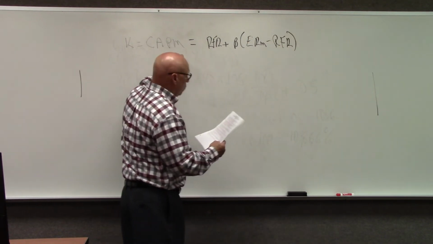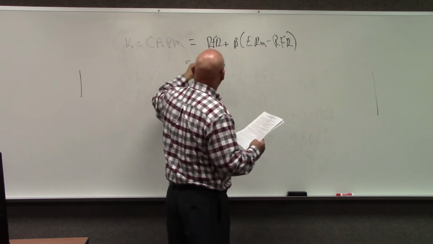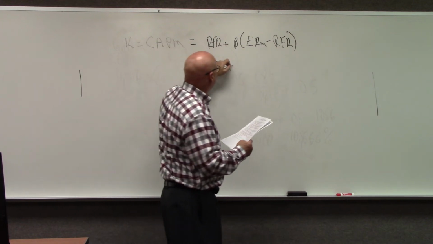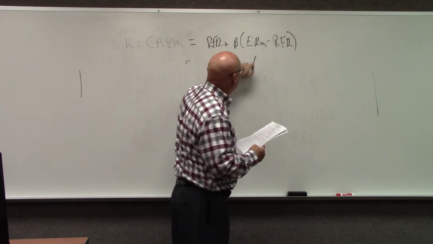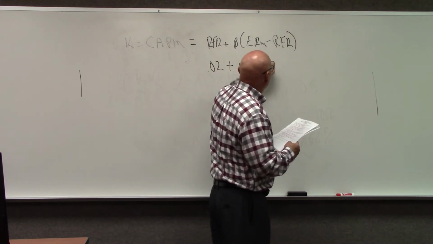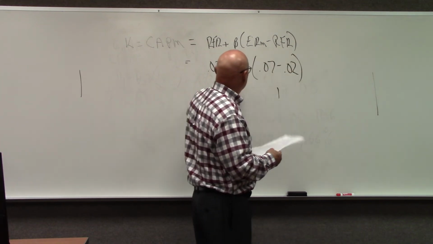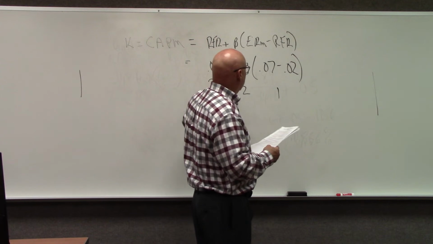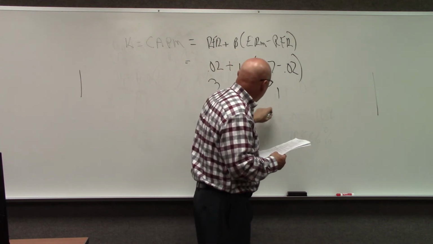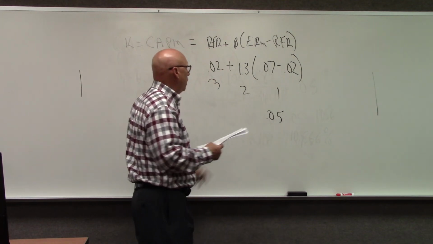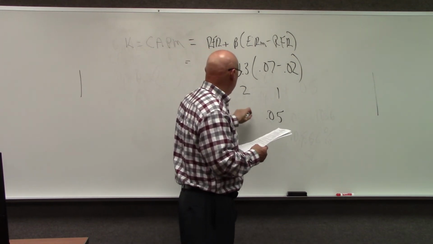The risk-free rate is 0.02 plus 1.3 times 0.07 minus 0.02. We're going to do this first, this second, this third. So 0.07 minus 0.02 is 0.05, times 1.3.